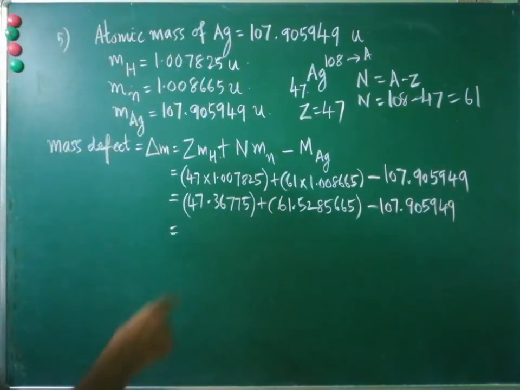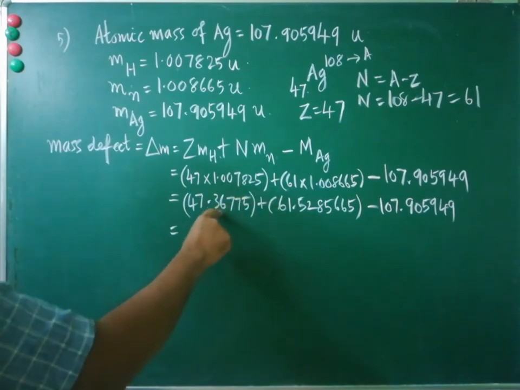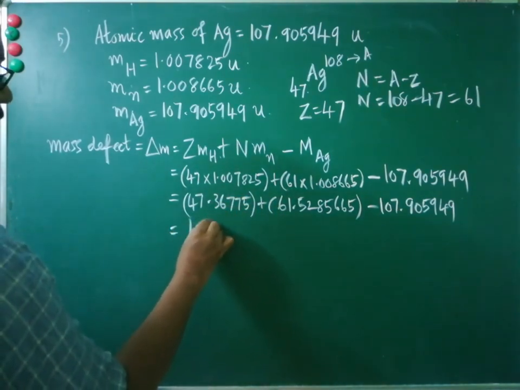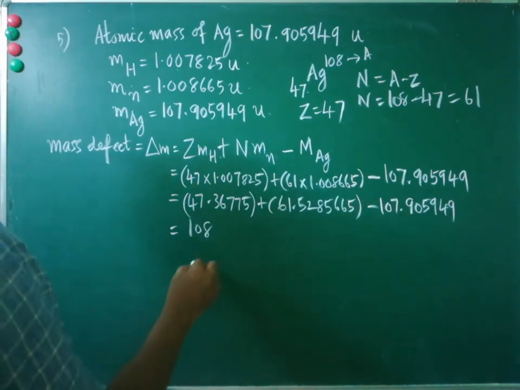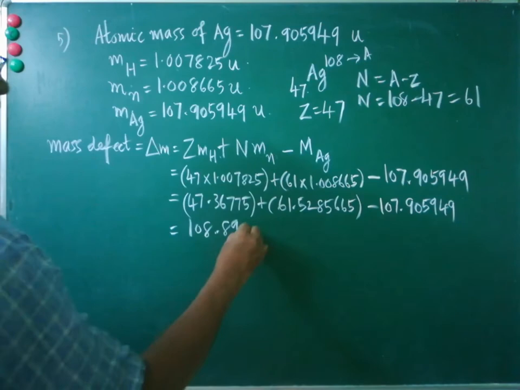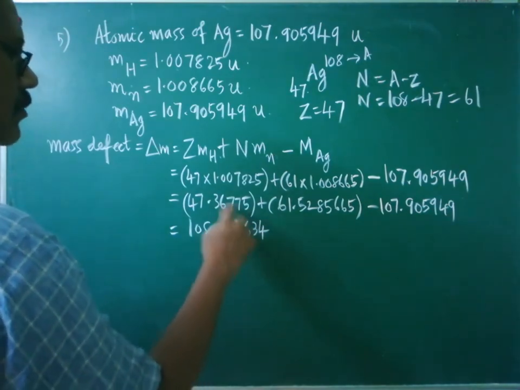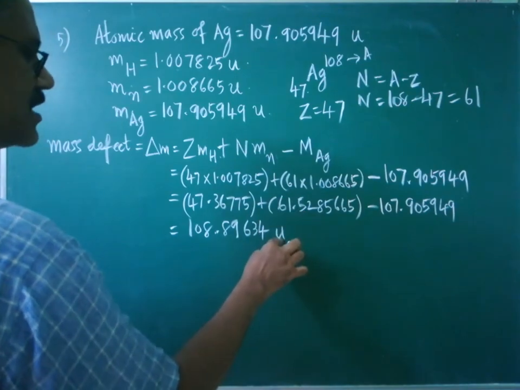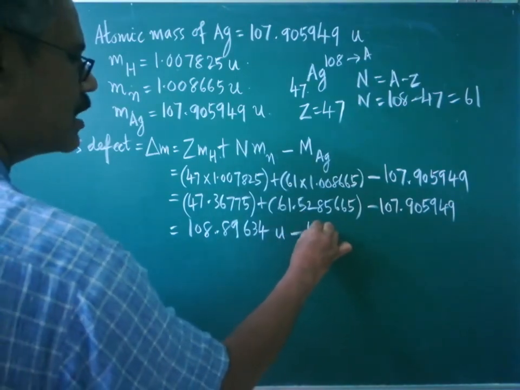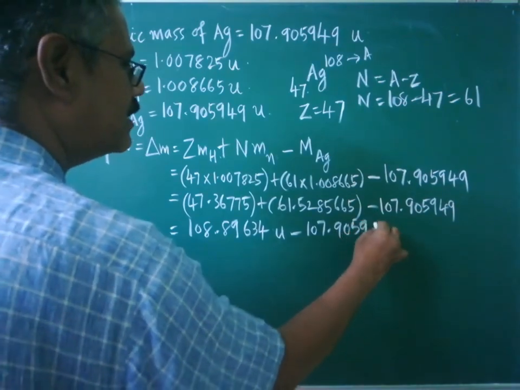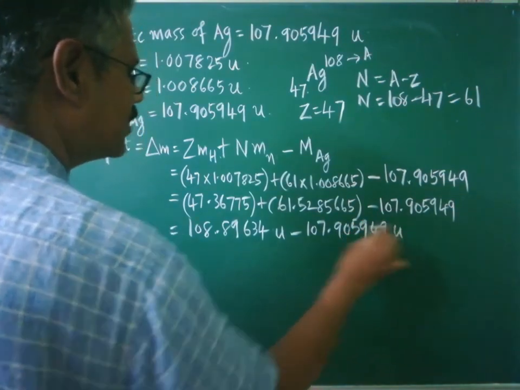After that these two must be added: 47.36775 plus 61.52865 gives 108.89634 atomic mass unit. Minus 107.905949 atomic mass unit.